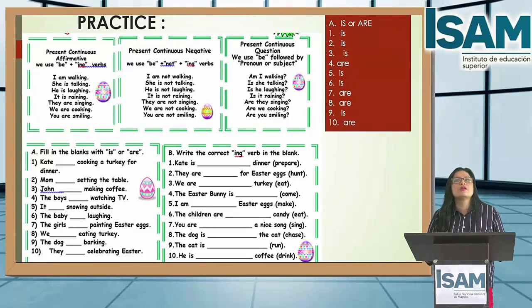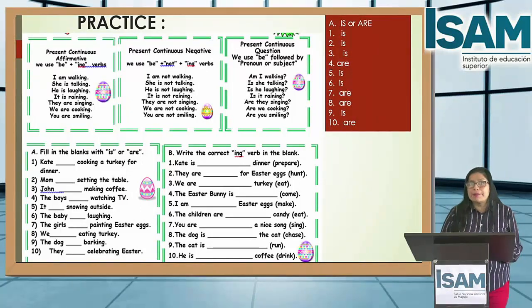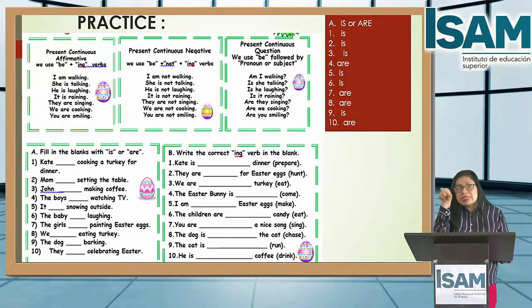For example, remember, prepare, preparing, hunting, yes, eating, come, you have come, okay, coming, because you have E, you omit E, and you add ing. Make, the same, making, right?